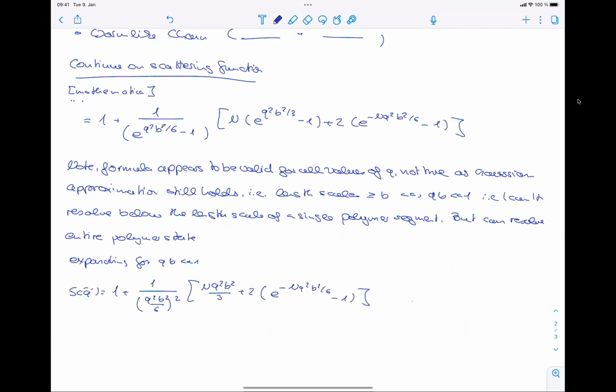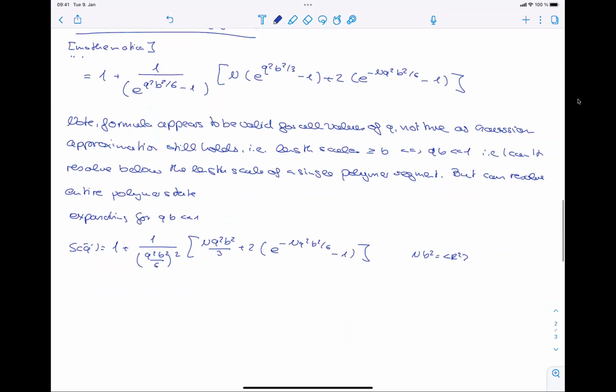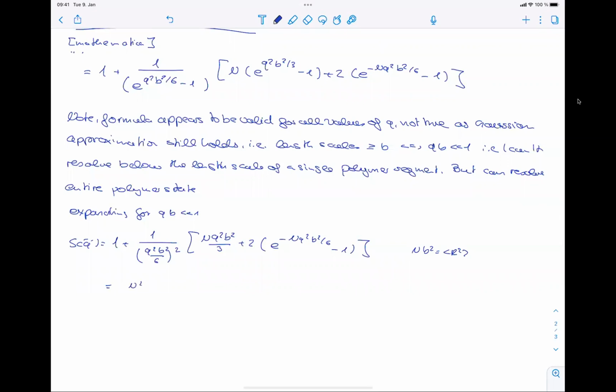Again, I can identify now NB squared as the end-to-end distance vector squared. This allows me to write this as n squared, q times R squared over 6. Oh no, the bracket went too far up. Squared.